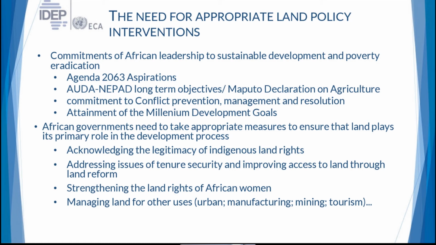The overwhelming majority of the people in our continent are accessing and using land through customary land systems. So if we talk about eradicating poverty, we need to make sure that they are accessing and owning land in a very secure manner.